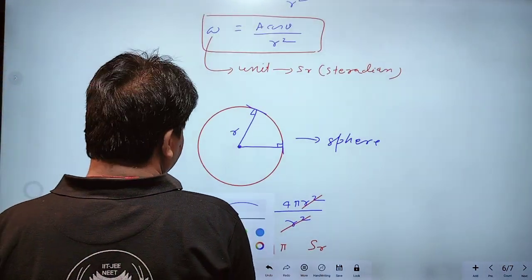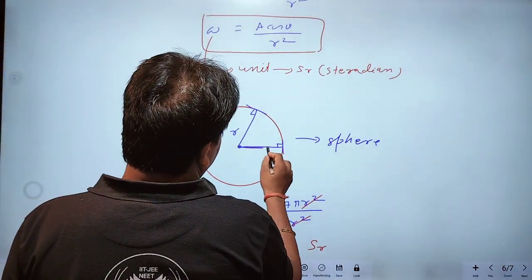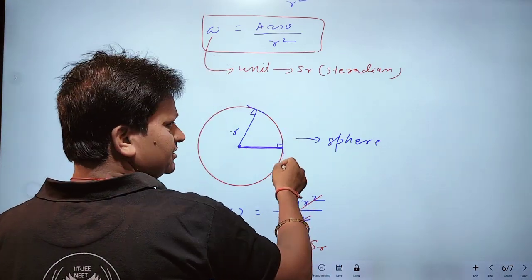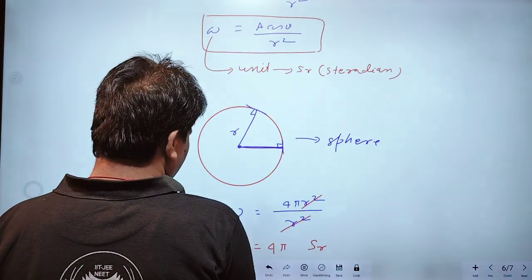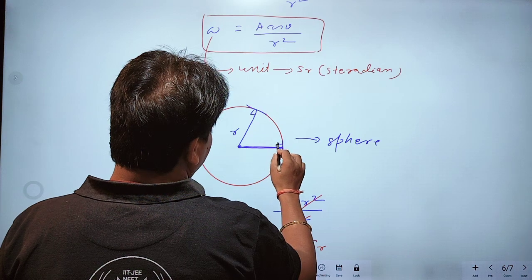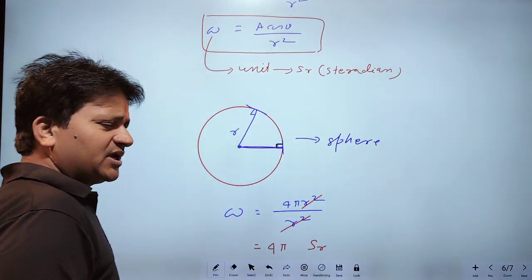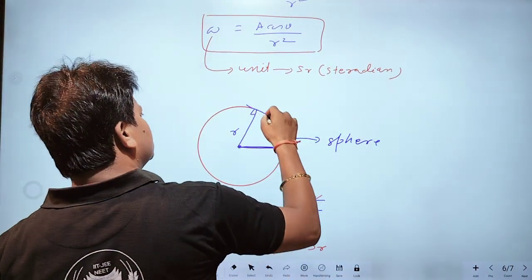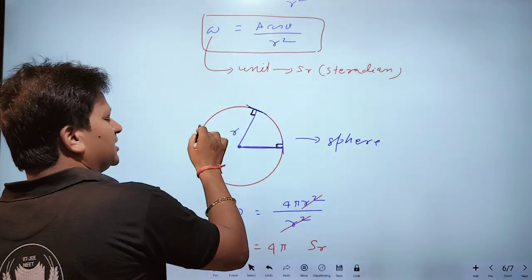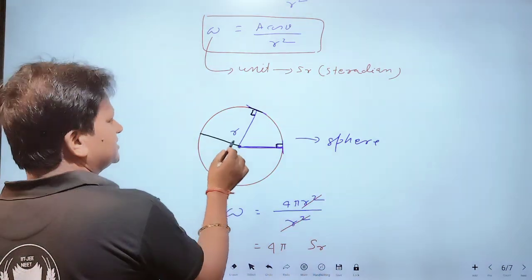Here r is this, and we draw a tangent at this point. We see that the radius is perpendicular to the surface. Here also the radius is perpendicular to the surface. Here also the radius is perpendicular to the surface.